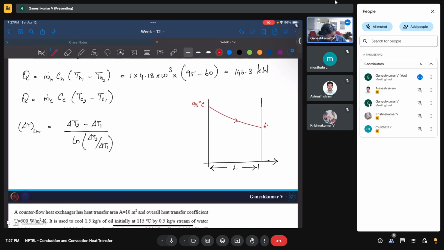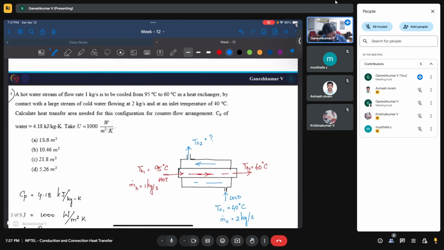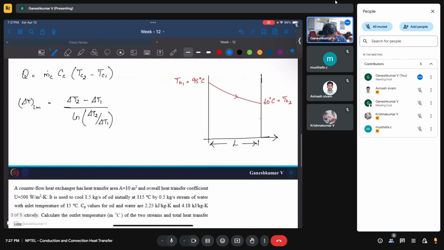This is TH1 and TH2. Now the cold fluid enters, but it's a counterflow arrangement. The cold fluid enters at 40 degrees Celsius and gets heated up. We don't know how much. So this is TC1, which is 40 degrees Celsius, to TC2.